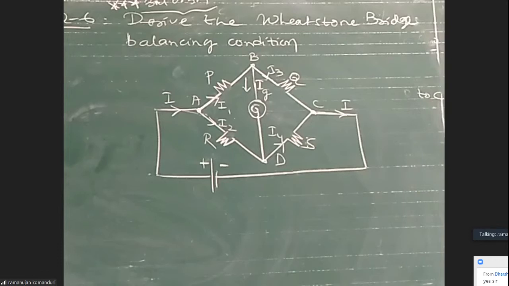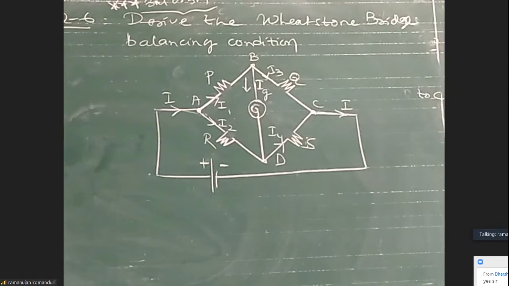Again, at point B, the current I1 going towards B will find two paths, one traveling along the galvanometer. A galvanometer is a device which can show whether current is flowing or not.